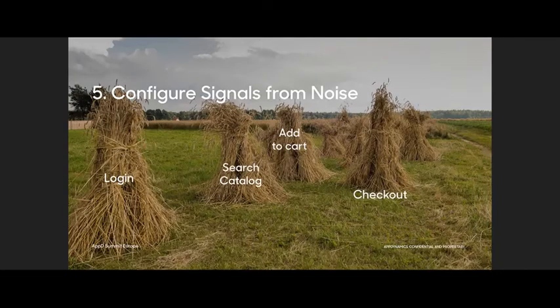And that brings me actually to best practice number 5. Configure signals from noise. As an example, I would like to try to use here our business transaction. Our business transactions are the fundamental configuration artifact and the foundation of everything you will build in AppDynamics when you do it the right way.